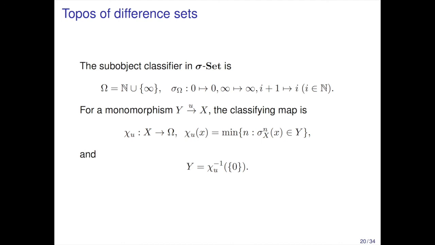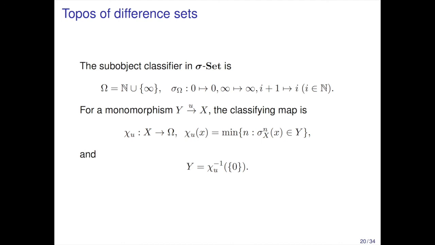If you now take a difference set X and a difference subset Y, the characteristic function, which is now omega valued, for an element of x, takes the minimum n such that sigma to the n falls into Y. Of course, if such an n doesn't exist, then it's infinity. Y is then the pre-image of 0, the set of zeros of the characteristic function. So the truth value here is 0, and false is infinity.